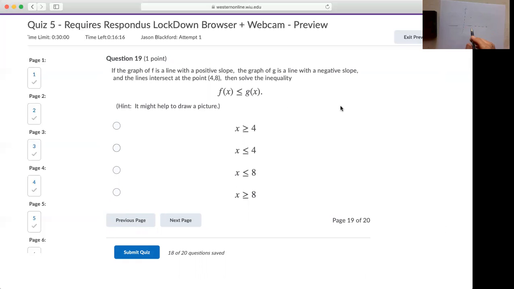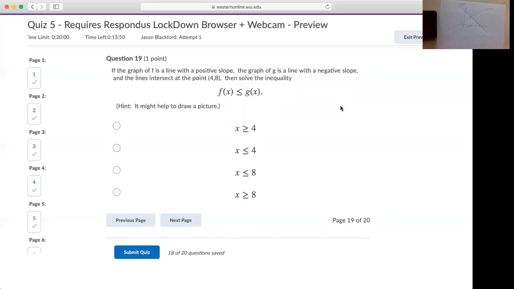Now g is the graph of a line with a negative slope. So this is the graph of g. And f has a positive slope, so it will look like this. This is the point (4, 8). In particular, the x-coordinate is 4.